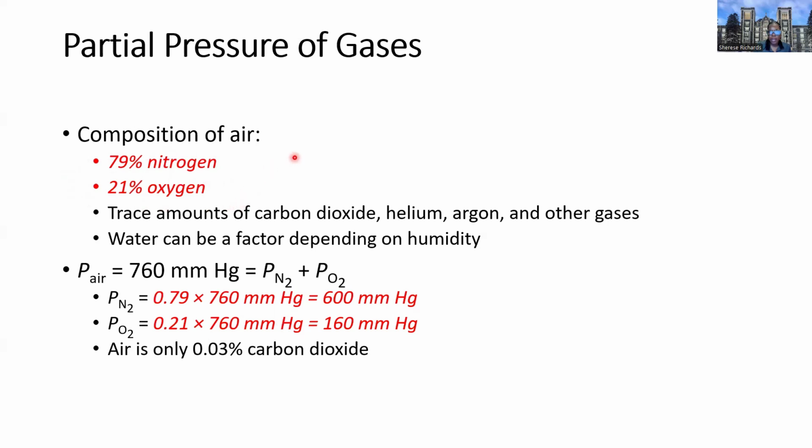There are also other amounts of gases, carbon dioxide, about 0.03%, excuse me, of carbon dioxide, and then other trace amounts of things like helium, argon, and many other gases like hydrogen, neon, etc. So a lot of other trace amounts of gases besides nitrogen, oxygen, and carbon dioxide help to determine the overall pressure of air as they are helping to comprise that air.